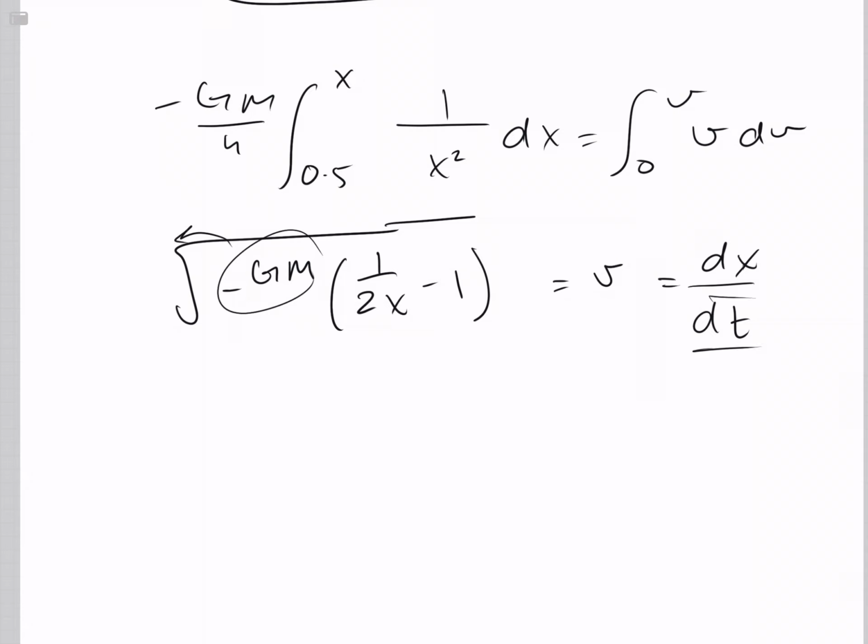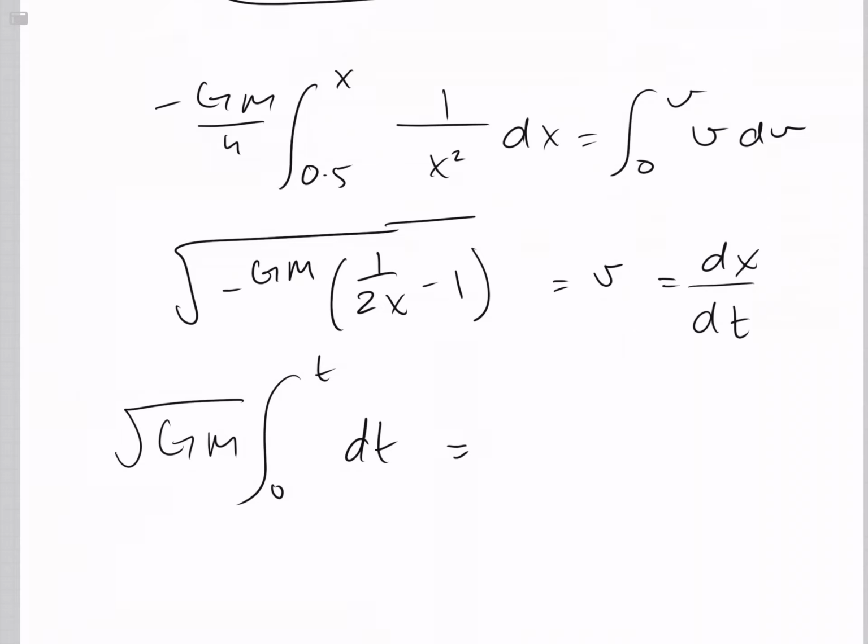And we separate these to their sides. We'll get Gm integral from 0 to t of dt equals, and we are going to make it easier to integrate by multiplying by x over x. So then we get 1 over the square root of (1/2 minus x over x), and that is easy to integrate.